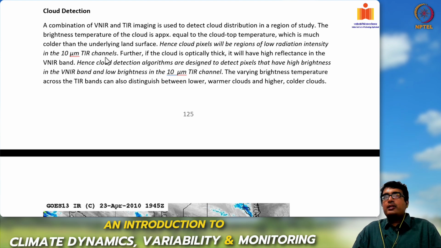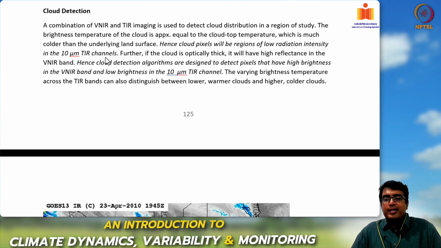Furthermore, if the cloud is optically thick, it will have a high reflectance in the VNIR band. Hence, cloud detection algorithms are designed to detect pixels that have high brightness in the VNIR band and low brightness temperature in the 10 micrometer TIR channel. This combination of VNIR and TIR imaging helps us to detect clouds and cloud distribution on the world.